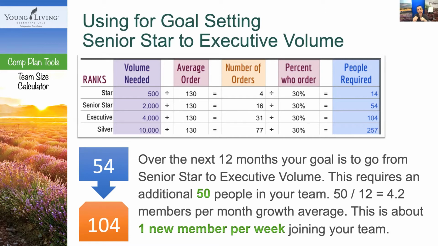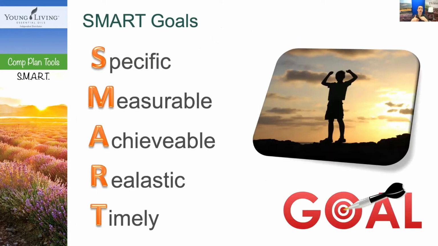So that is how you can use this tool to help you to better define your goals and what we like to call SMART goals. SMART goals are specific, measurable, achievable, realistic, and timely.